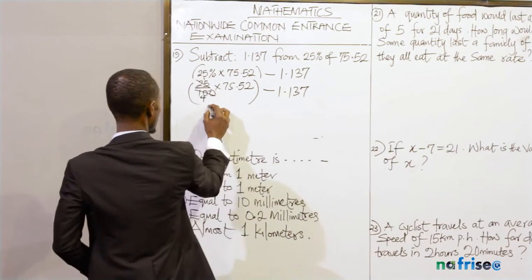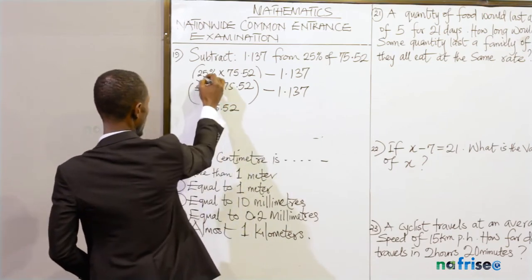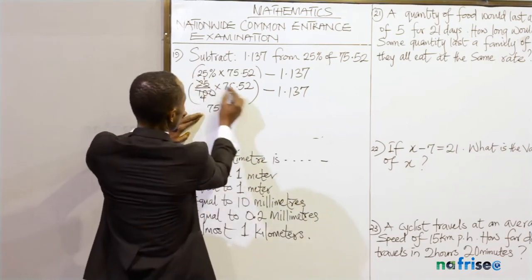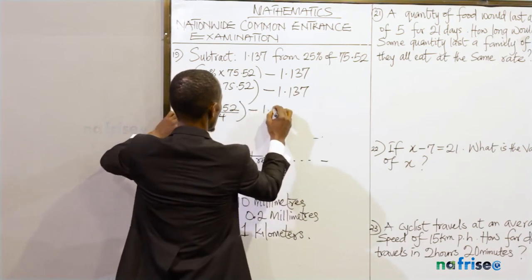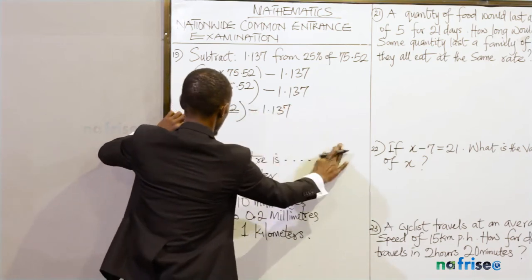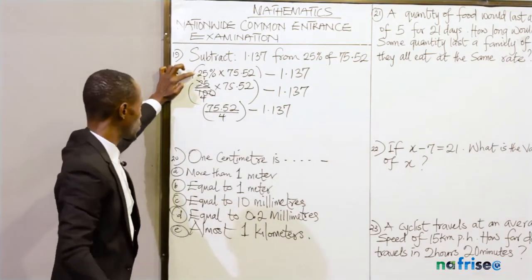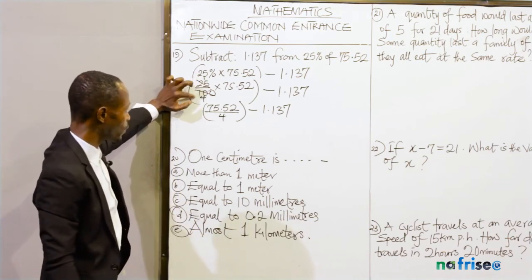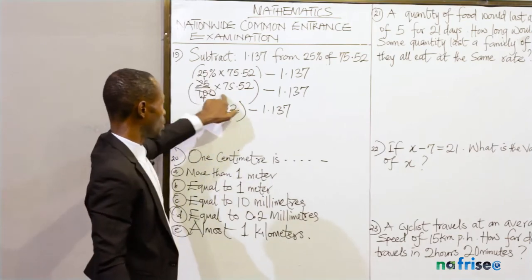Now, 25 divided by 100 is 1 over 4. Don't get confused here. We know 25% is 25 over 100, and 25 over 100 is 1 over 4 in fraction. So 1 times 75.52, and 4 will go underneath.